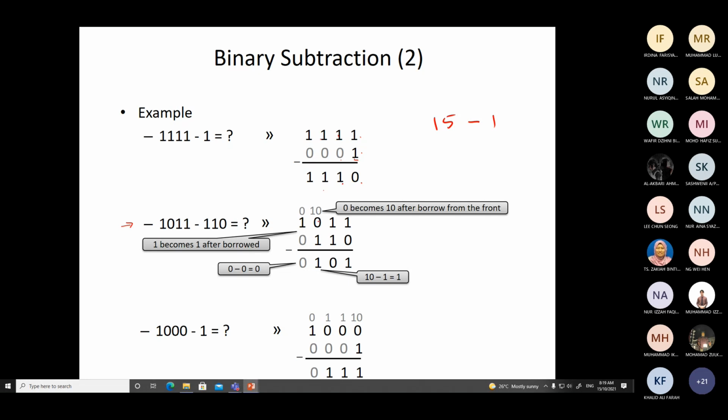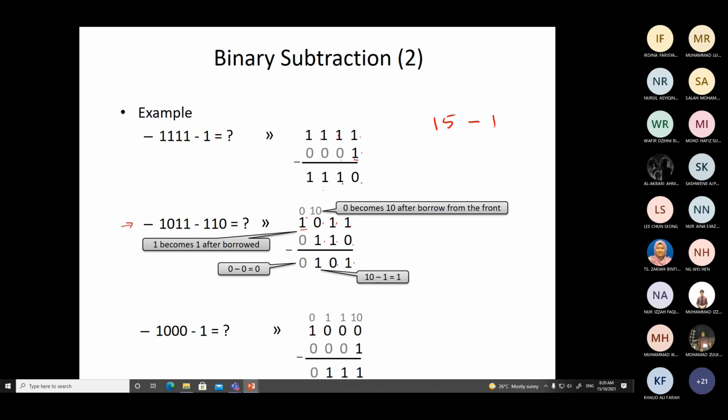Okay, and for the second example, this one is also straightforward, but needs a borrow. If you look here, 1011 subtract 110. The rightmost bit, 1 minus 0 is 1. 1 minus 1 is 0. But this one, 0 minus 1 cannot be subtracted, so it borrows from the previous bit, which is 1.